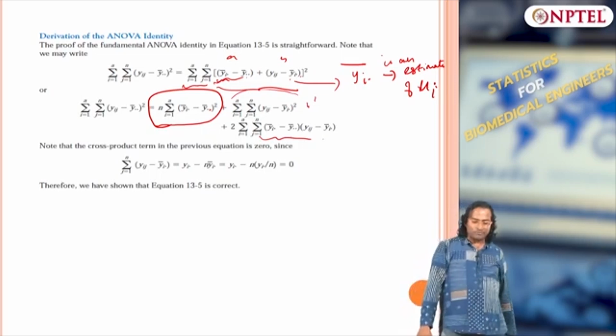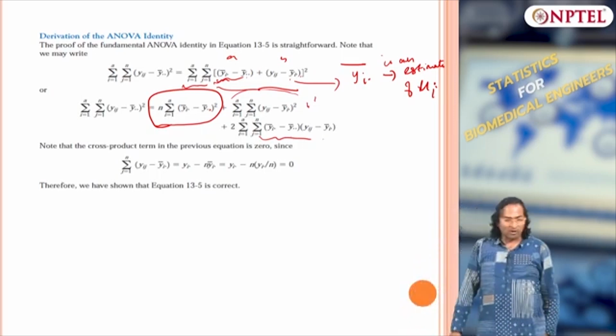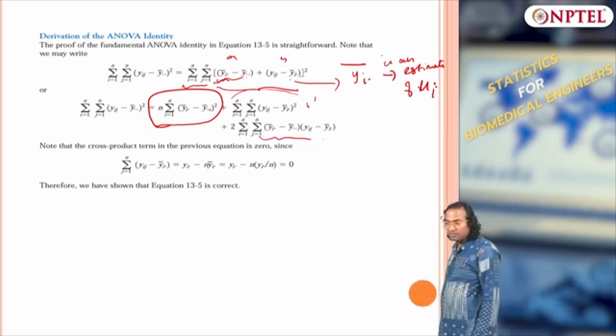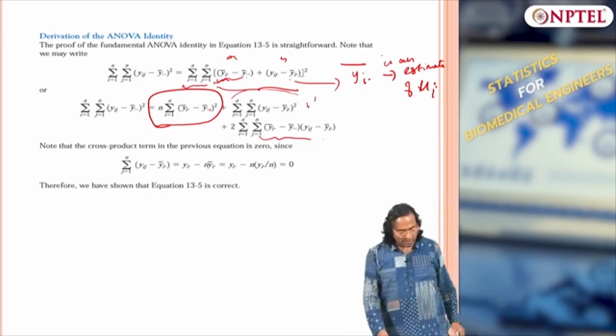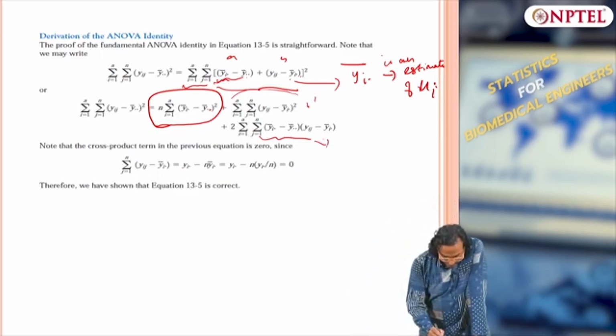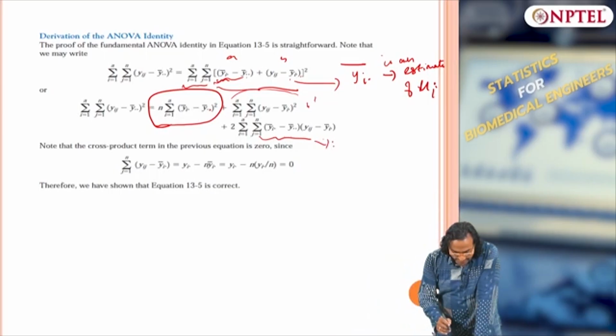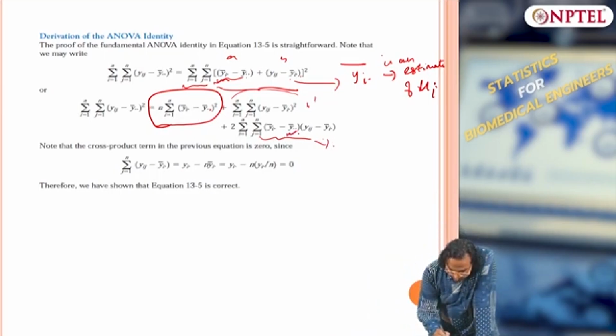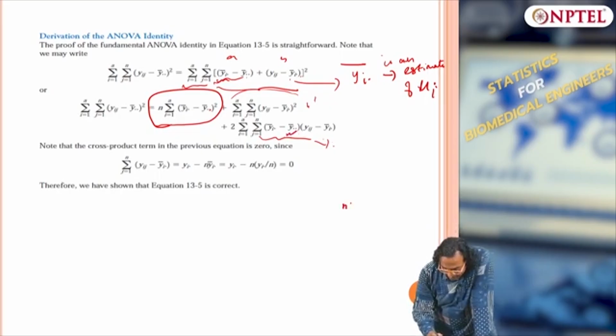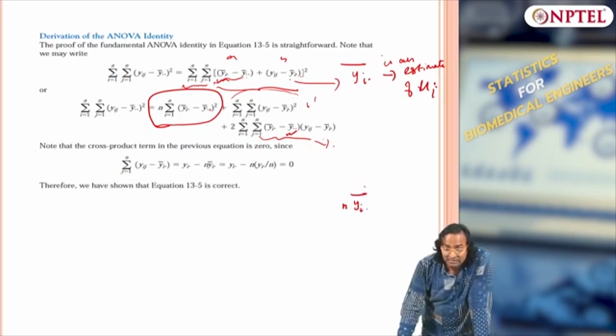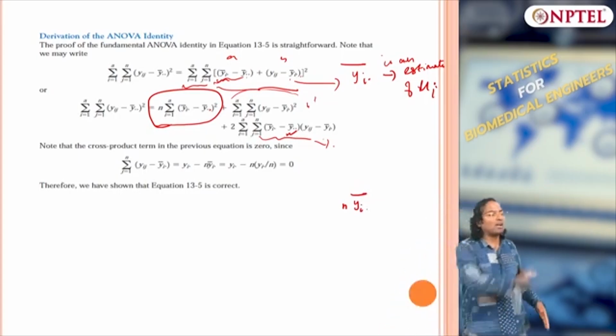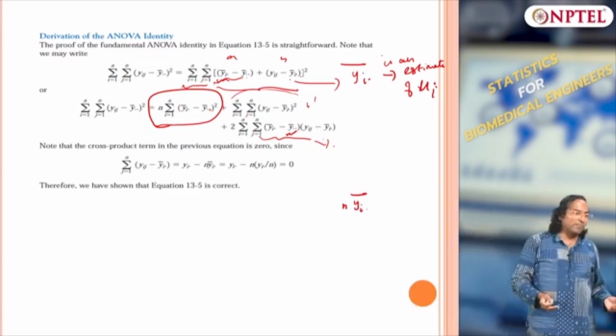Now, what is the value of this cross term? Y bar dot dot is n times yi dot bar, can I write it like this, because yi dot bar when summed n times gives you y bar dot dot.